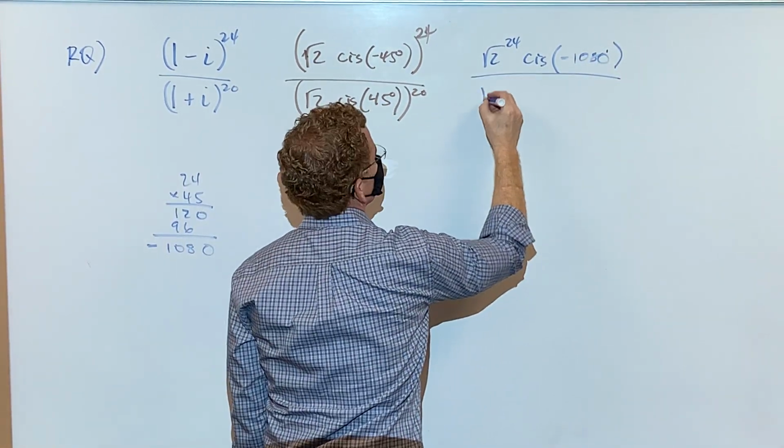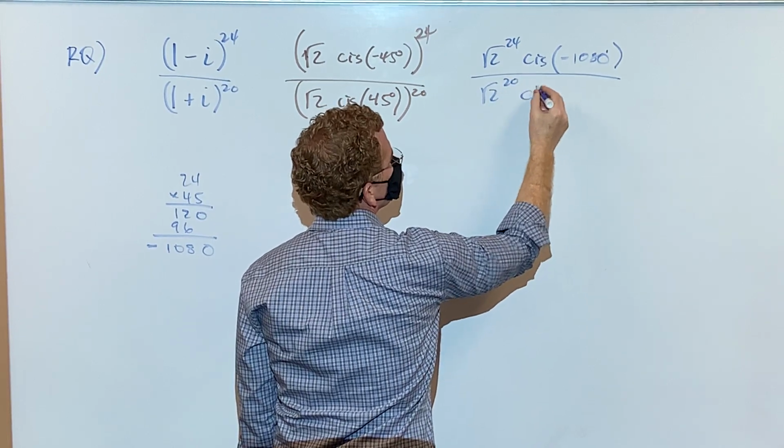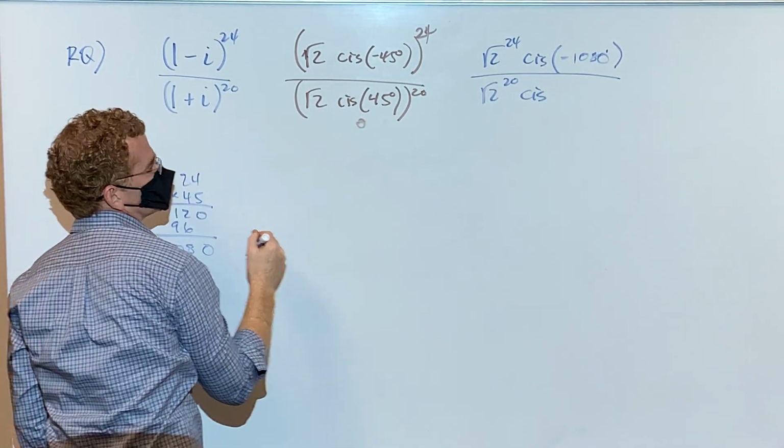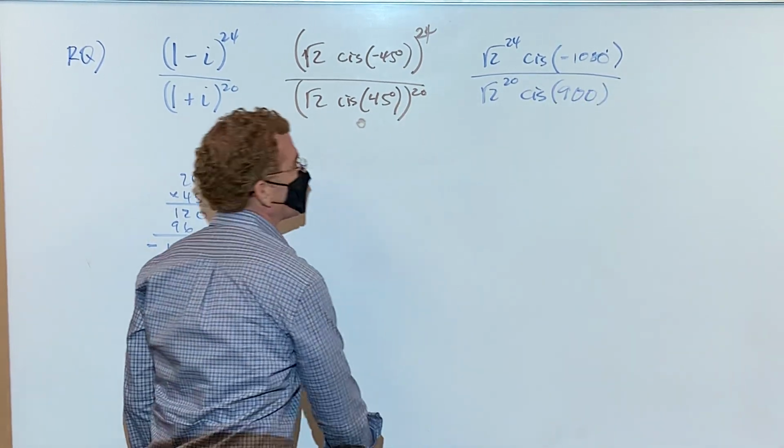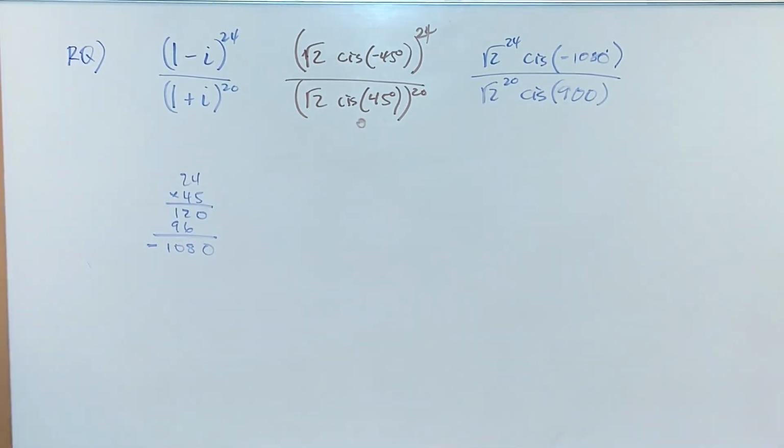On the bottom I have root 2 to the 20th. And this time I have 45 times 20, which is just 900. Now, how do I divide complex numbers? Literally, we have a rule for this.